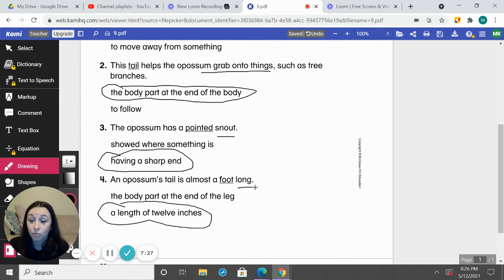So long, we're talking about measurement here. Almost a foot long. Long is telling me measurement. So a length of 12 inches. We're not talking about the foot at the end of your leg. We're talking about measurement. That word long really points out that meaning.